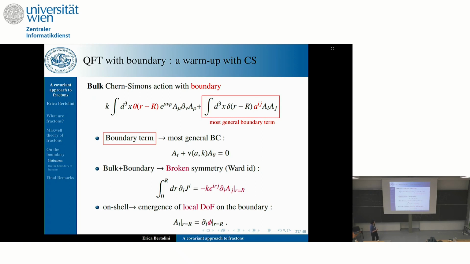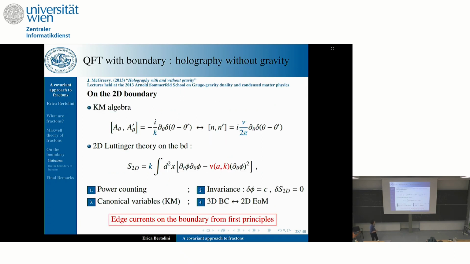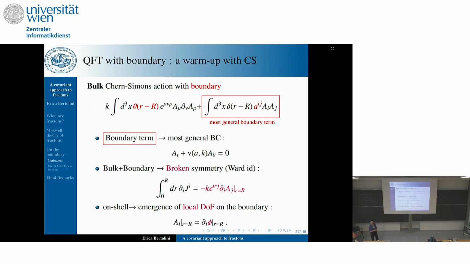So the symmetry and the Ward identities are broken by the presence of the boundary, by this right-hand side term, which gives us a way to identify the degrees of freedom of the boundary theory by going on shell, meaning setting this j equal to 0 and solving this equation. So this is telling us that on the boundary we have scalar degrees of freedom. Yes, this is the Chern-Simons case.